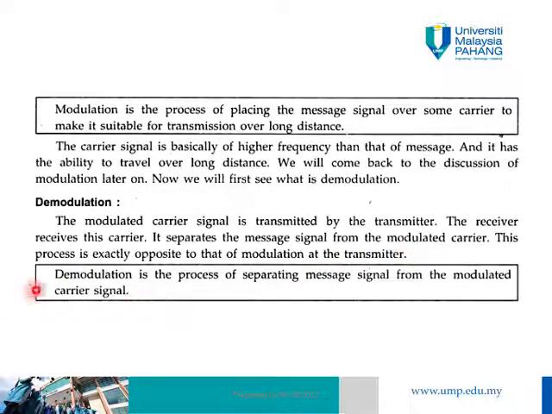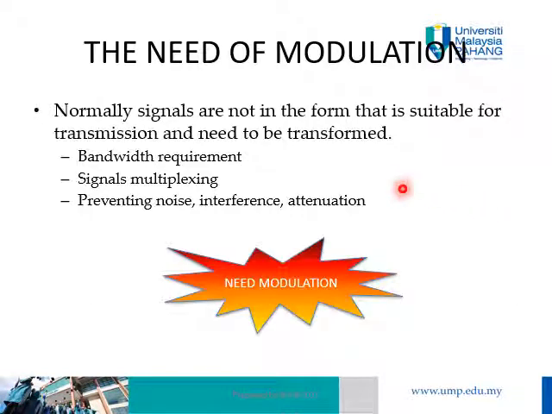So demodulation is the process of separating message signal from the modulated carrier signal. So we want to separate the modulating signal from the envelope of the AM modulated carrier signal.